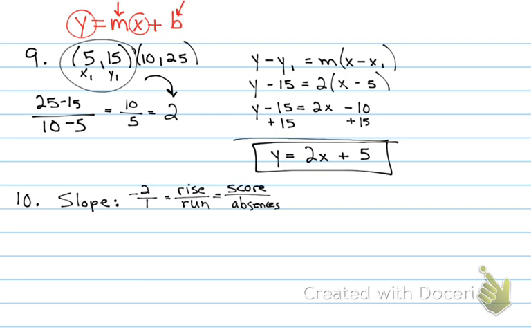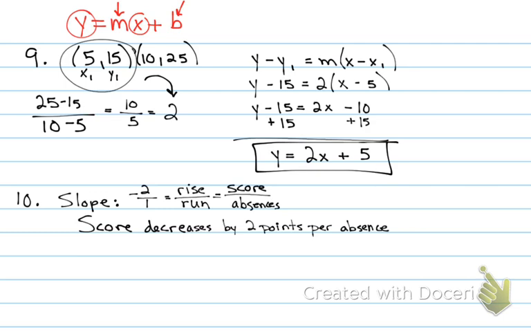Absences. Okay? This is not necessary for you to show as work, but for some of you, maybe it will finally click. So the negative 2 is what's happening to the score. The 1 is the absence value that's connected to that, okay? So what does this mean? It means that your score will decrease by how many points? 2 points per absence.